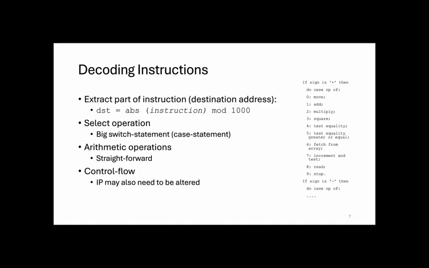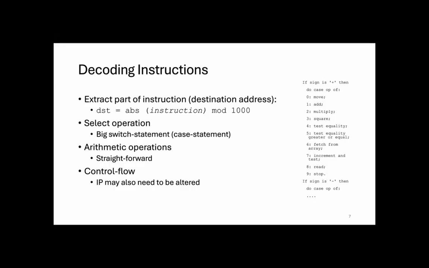The operations themselves are divided into two different types. There are the arithmetic operations, which are straightforward. You do not need to change the instruction pointer. You just increment the instruction pointer after executing the instruction where you're at, and the next instruction to be executed will be just the next instruction. That's for the arithmetic operations.